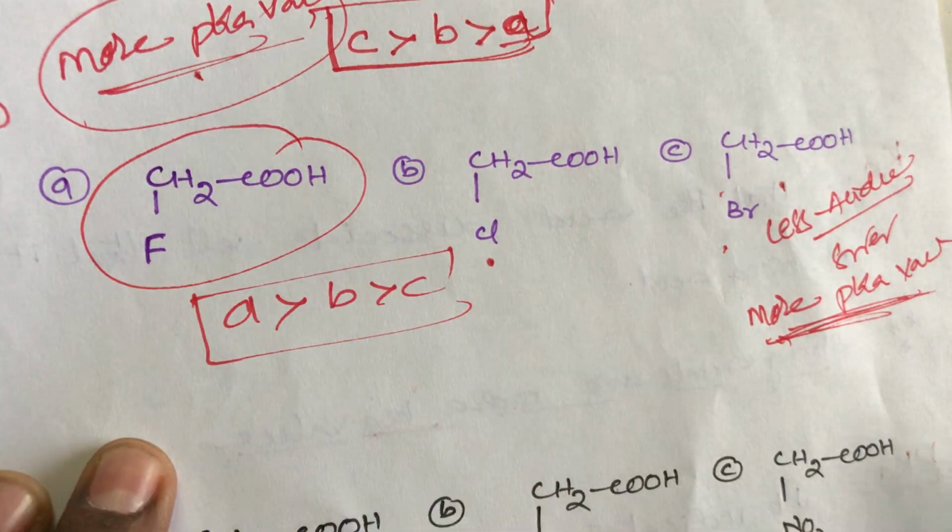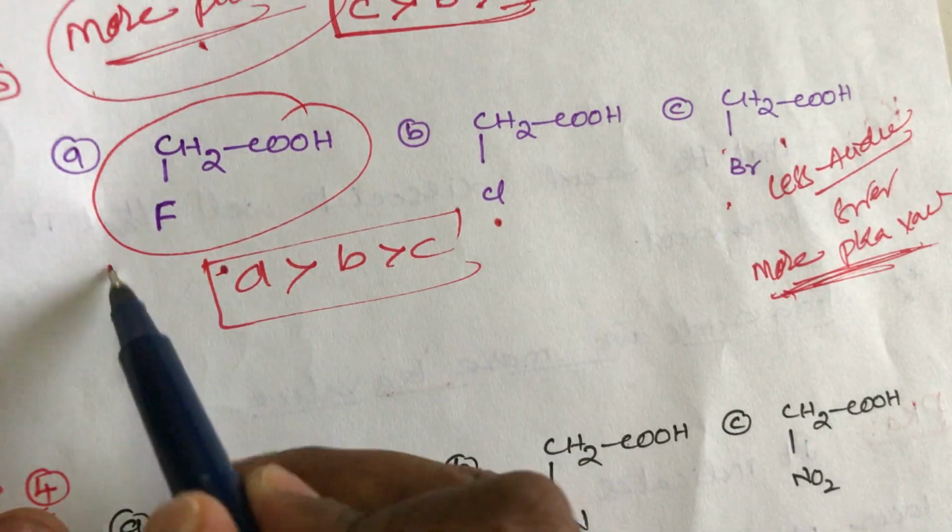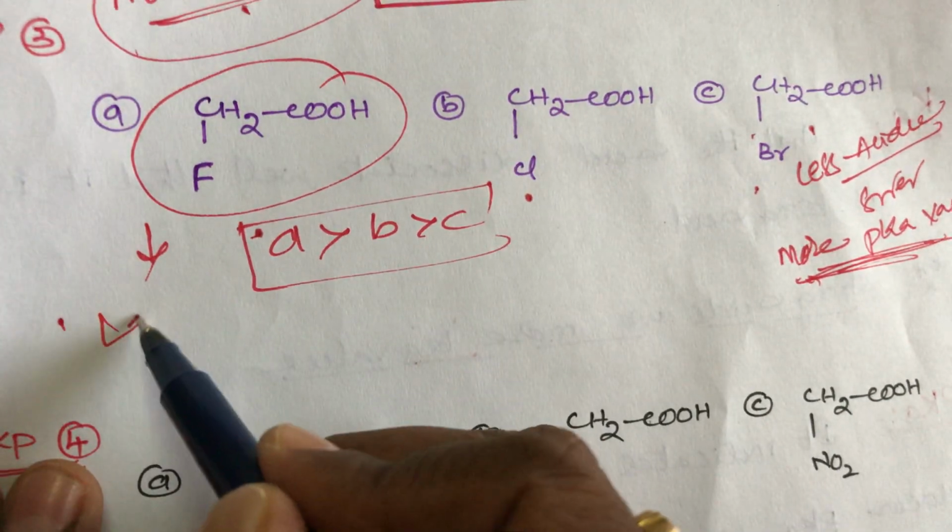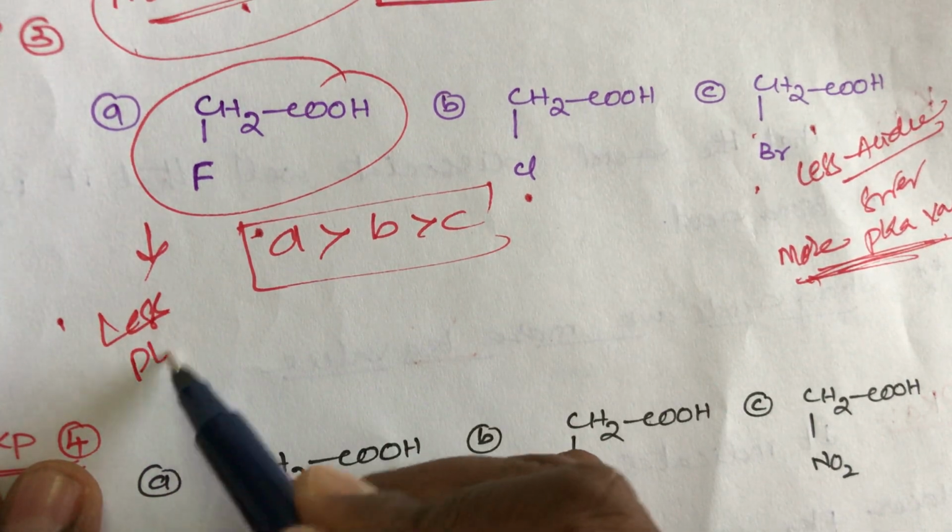Fluoroacetic acid is the strongest acid, so it has the lower pKa value.